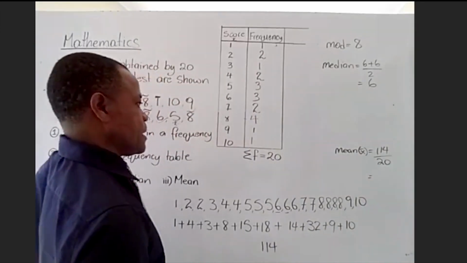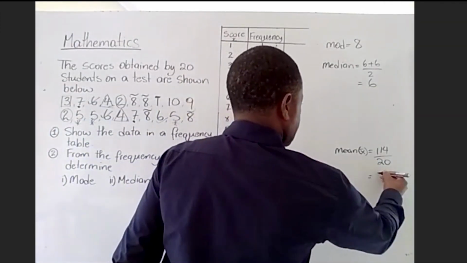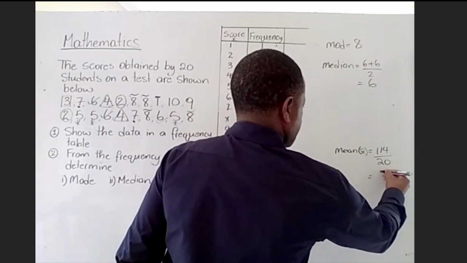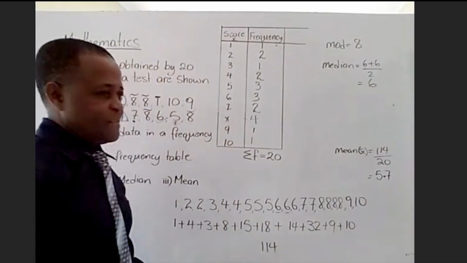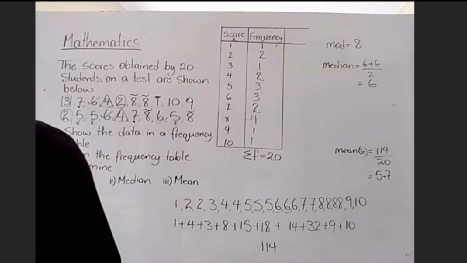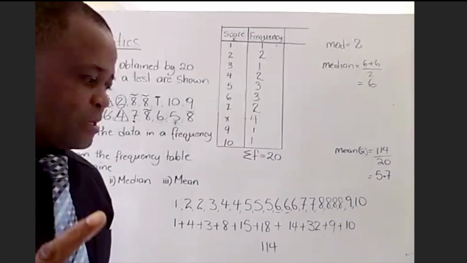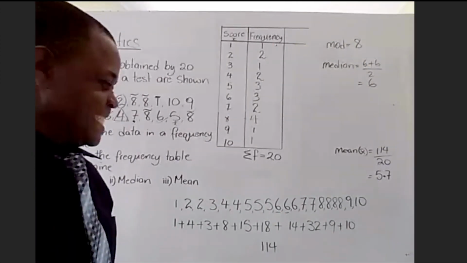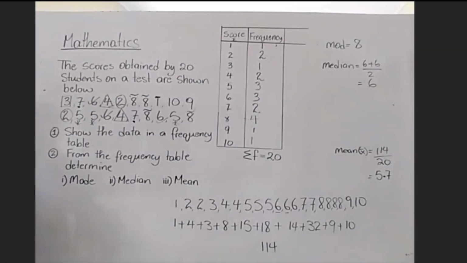This will give me 5.7. Let me just check that to be certain about that. Let me just check that, please.